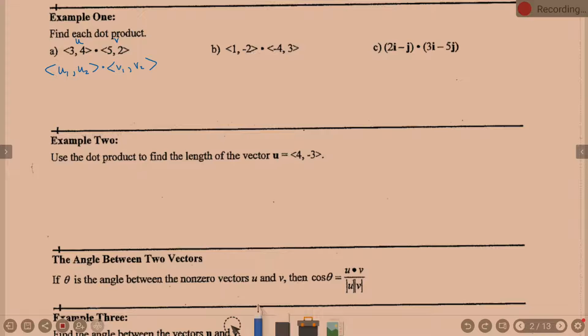And then remember when we're doing the dot product, I'm going to rewrite it since you can't see the top of my screen. u dot v is u1 v1 plus u2 v2. So what am I multiplying here? u1 v1 are going to be what numbers?